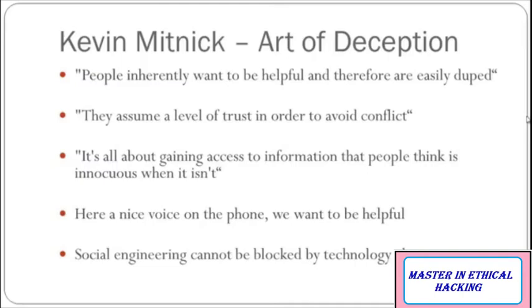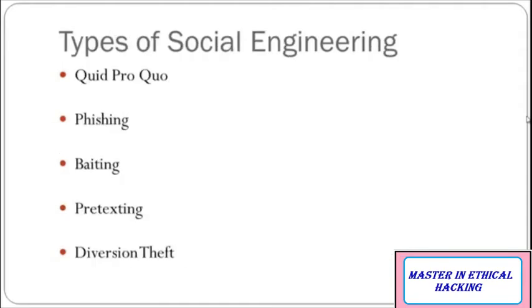You need to be smart about what the person in front of you is actually trying to achieve. Social engineering cannot be blocked by technology alone, or I can say it can never be blocked by technology, because the only fault in social engineering is of the person, not of any specific company.